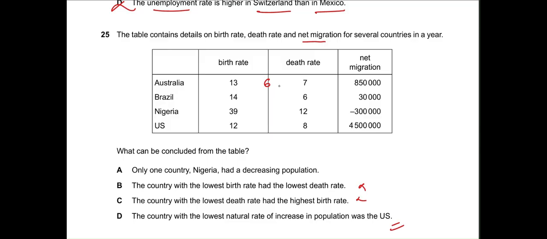Rate means percent, by the way, okay? So death rate 7%, birth rate 14%. 14% minus 6%, this would be how much? Sorry, this would be 8, my bad.